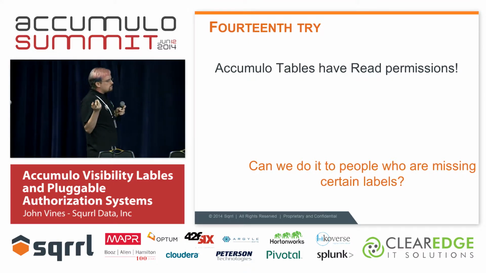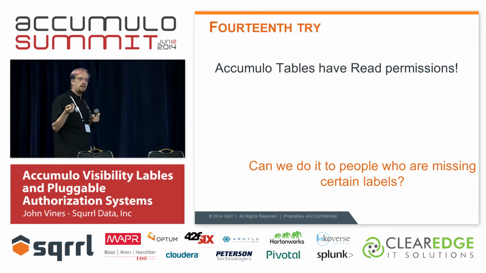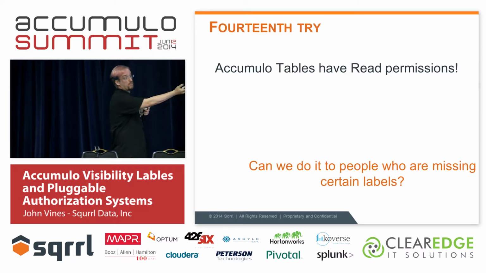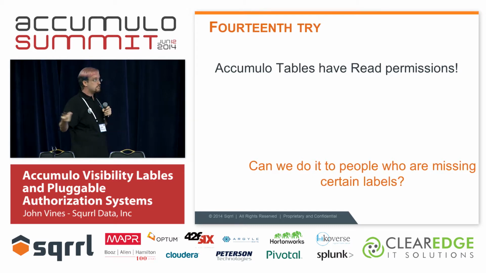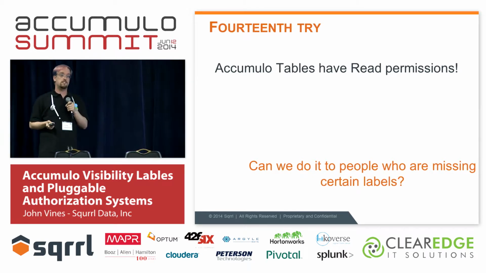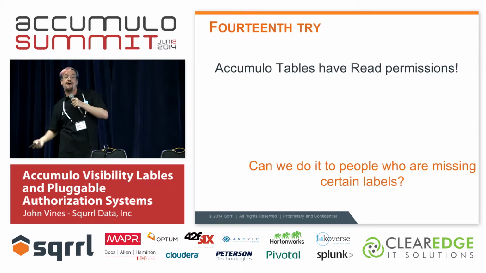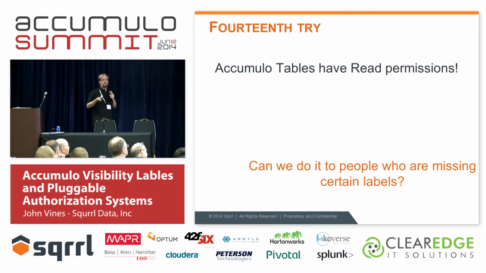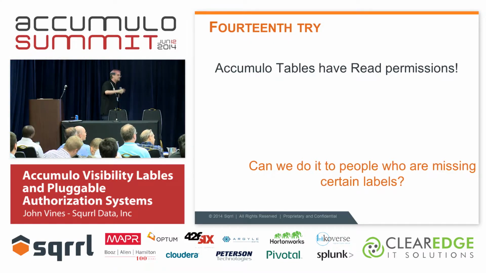And so with it, just like how at scan time, visibilities are retrieved from the pluggable system, potentially through an external service, we can do the same things with permissions. And so you can basically say, if user doesn't have these authorizations, we're not even going to bother giving you read access to that table because, I'm going to say, you're saving the user effort by giving them a very fast fail.